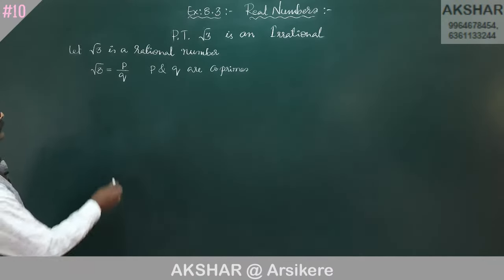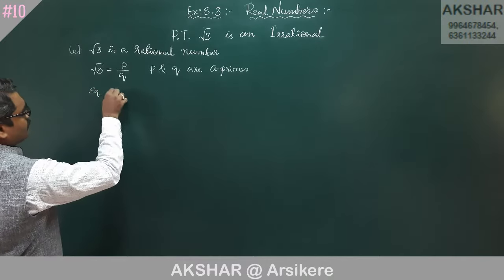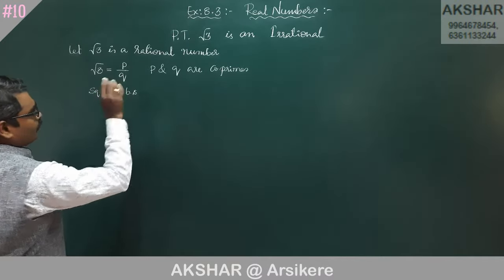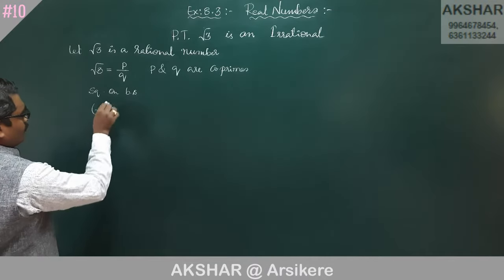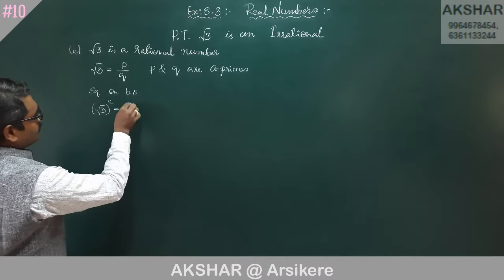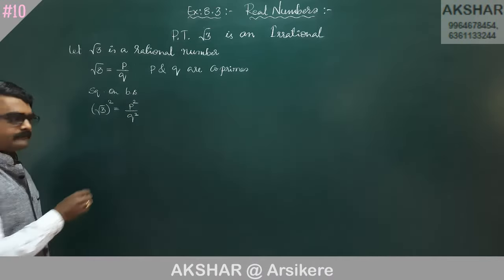Right? Yes. Now here also, squaring on both sides. Root 3 whole square is equal to p square by q square.